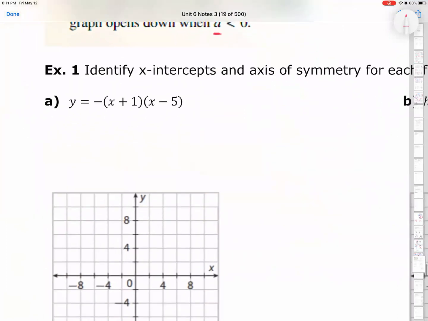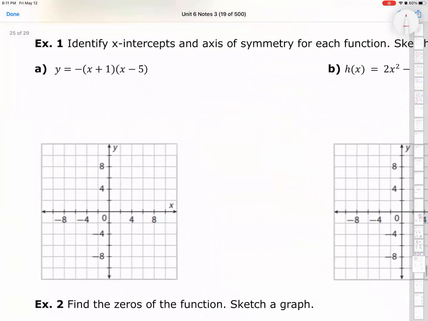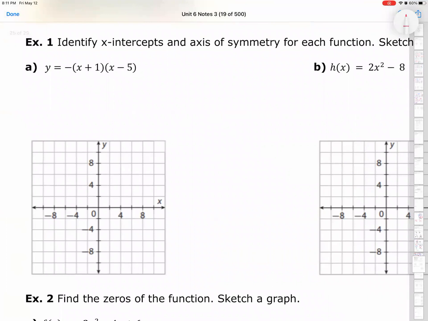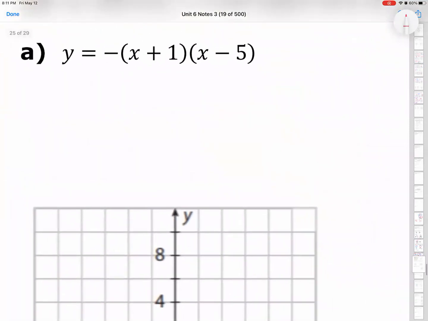For example 1, we're asked to find the x-intercepts and the axis of symmetry for each function, and then graph the general shape of it. What I have my students do is remember that when you factored things down and solved, you've essentially already found your x-intercepts. So you would break these up and have x plus 1 equals 0 and x minus 5 equals 0.